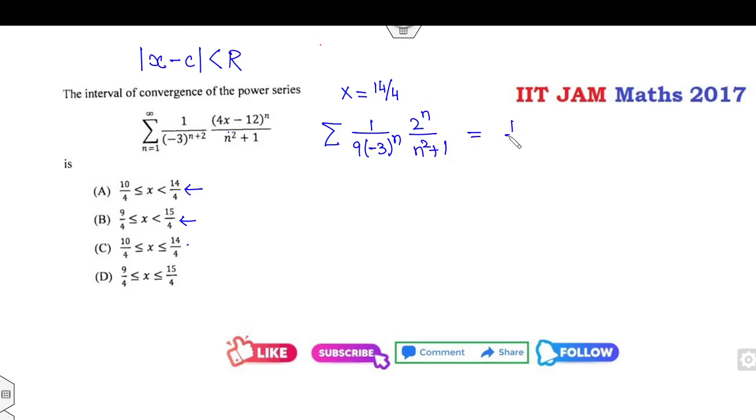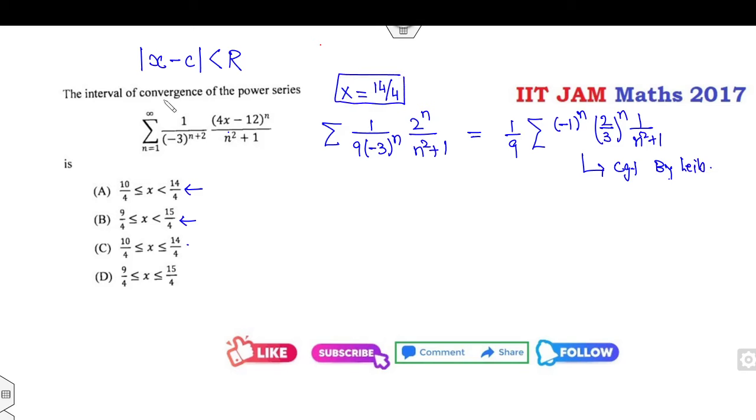So that will be 1 over 9 outside, minus 1 raised to power n, 2 over 3 raised to power n, 1 over n square plus 1. Clearly this series is again convergent by using the Leibniz test. So that means at equality the series is convergent. So the less than sign is cancelled out.